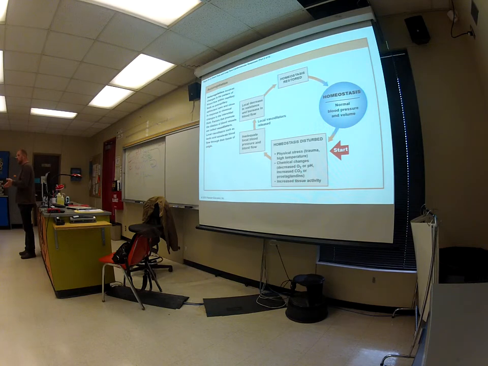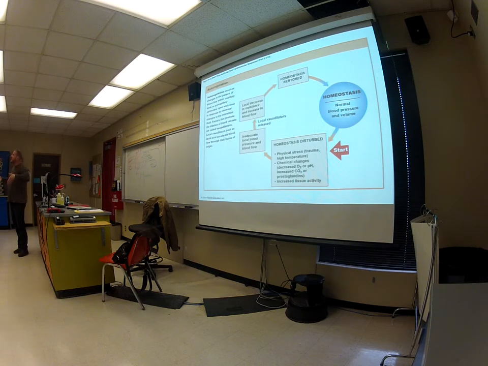It wants to slow down. What do your blood vessels want to do? Dilate. If you have low blood pressure, what does your heart want to do? It wants to speed up. What do your blood vessels want to do? Constrict.